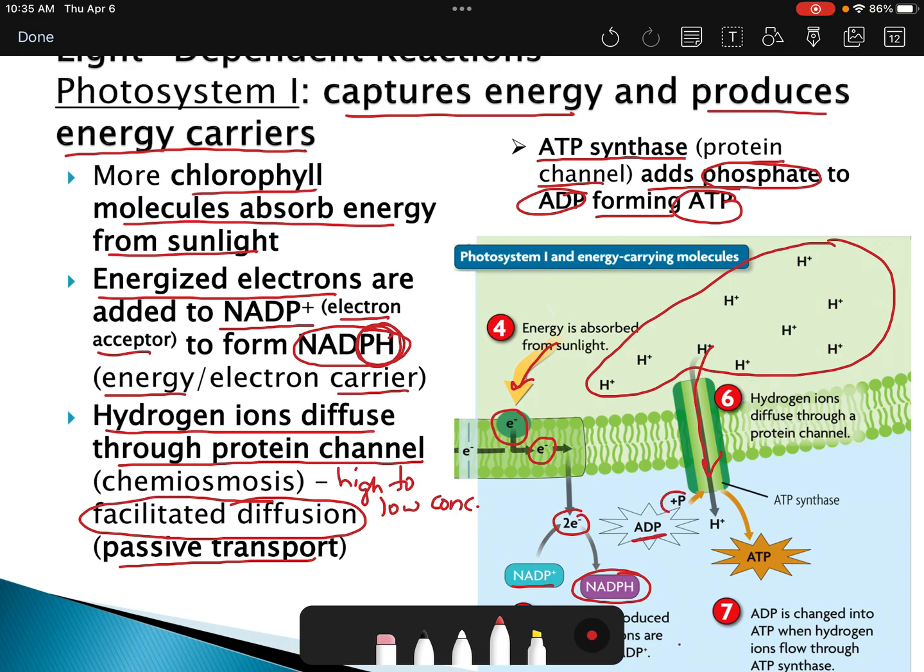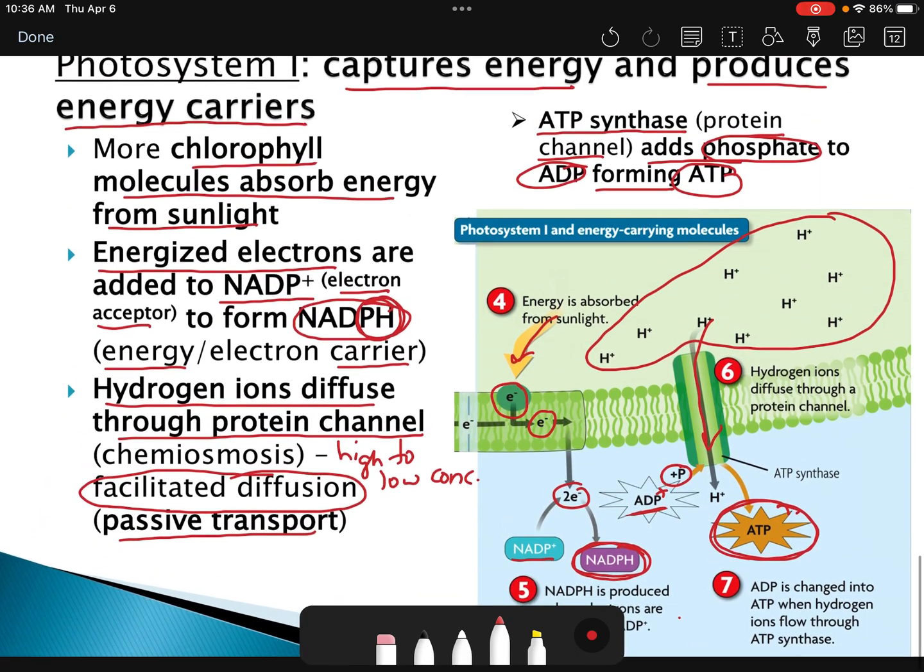Here's your ADP. Here's your phosphate. Once we add those together, we get to form ATP. And remember, that's an energy storage molecule. So when we look at this, we have two energy storage molecules being made. We have the NADPH and the ATP.